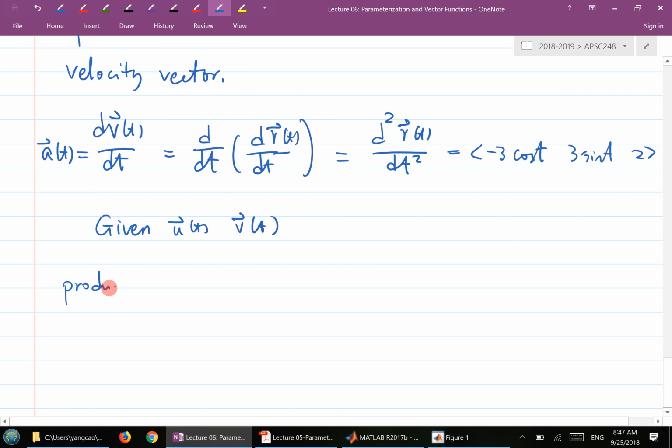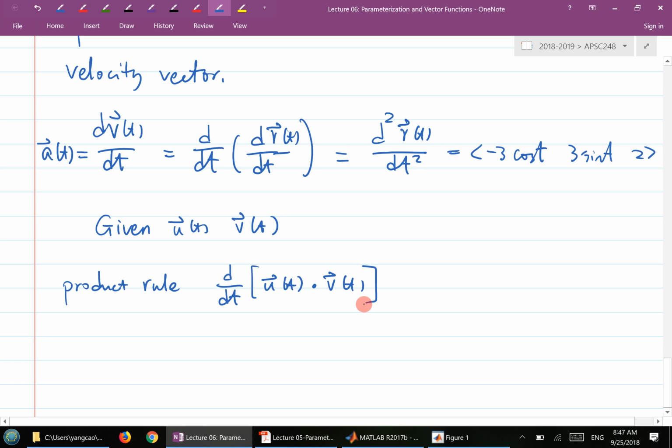Now we can have a product rule. Let's say we're taking the derivative of u of t dot v of t. Just be careful, you cannot simply multiply two vectors. You're not multiplying two scalar values.